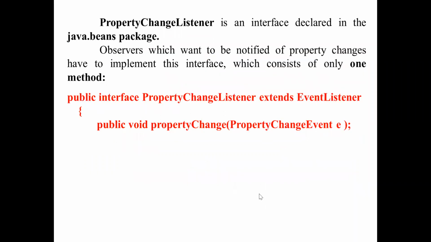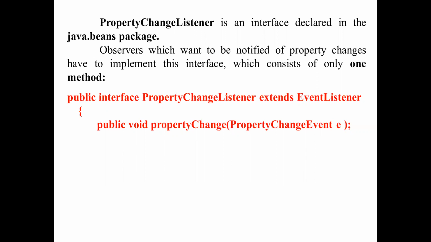This property change listener is nothing but an interface, which we can declare in the java.beans package. We can observe the notification, and we can register or remove a listener from the registered list.